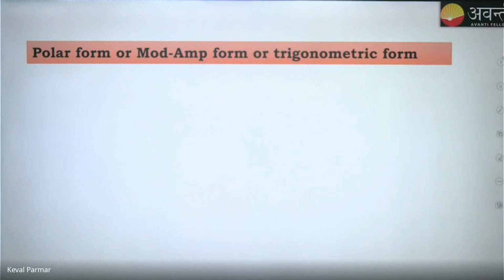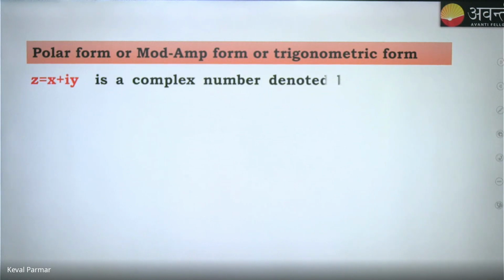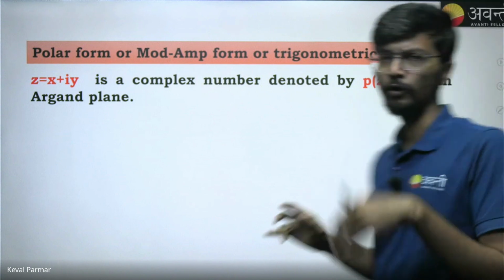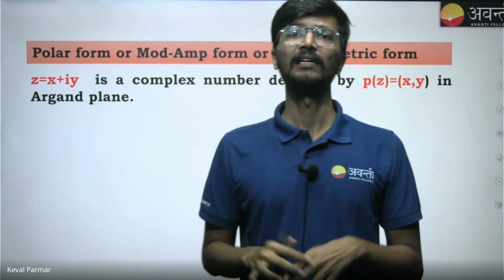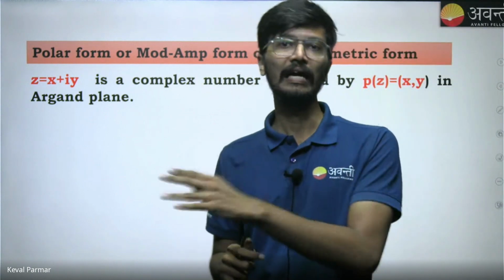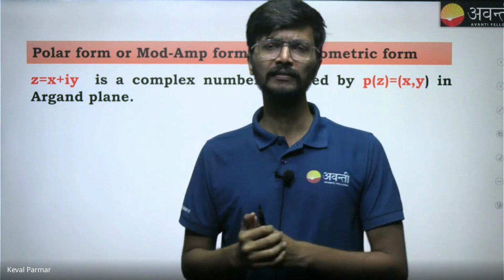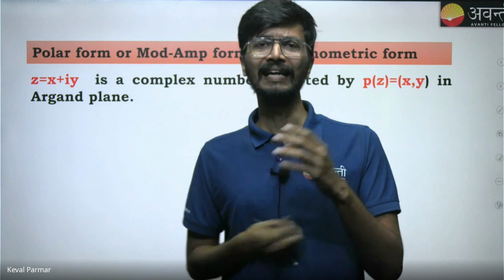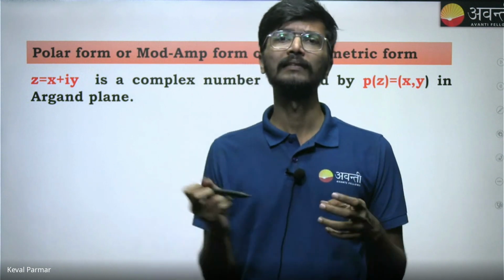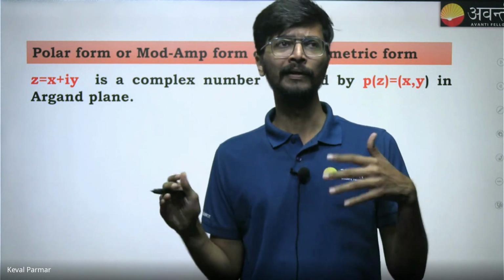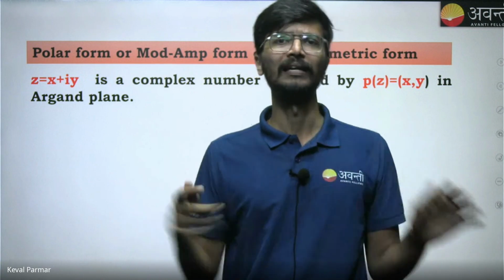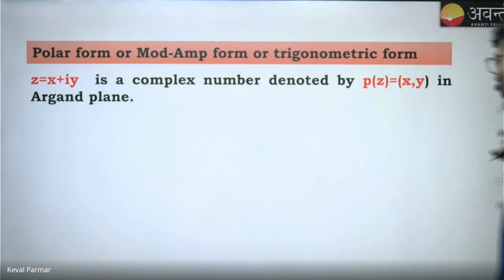Polar form means the form of a complex number in terms of its modulus and argument. I hope you know the polar coordinates. Last time also we discussed the same. So if I write the complex number in terms of modulus and argument, it is known as polar form. So how can we write it, guys?